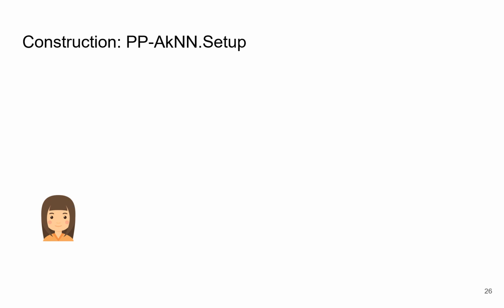Finally, we are ready to build our PPA-KNN construction. Let's take a look at the setup stage. The client will first run the Omap key generation and get her secret key. She will then run the compute parameters algorithm.